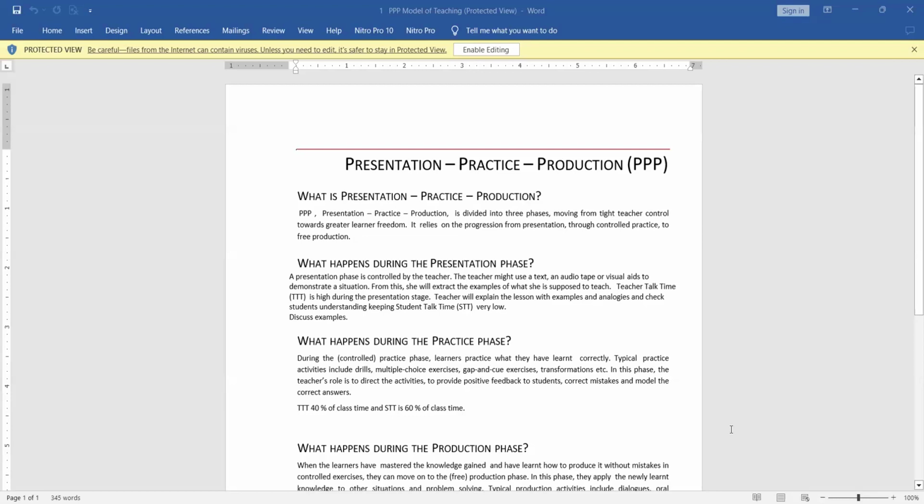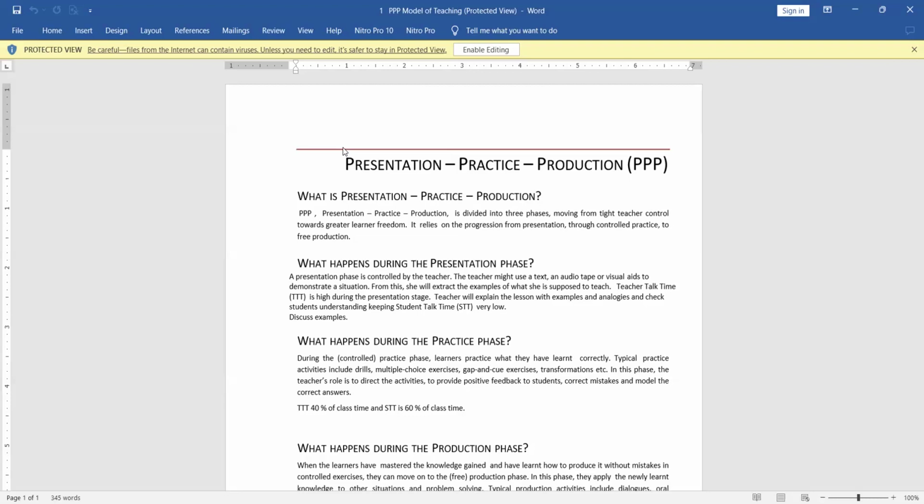So there are several models very well known, recognized and commonly used. I will take two out of them. One is the PPP model of teaching, and the other one is the 5E model of teaching.